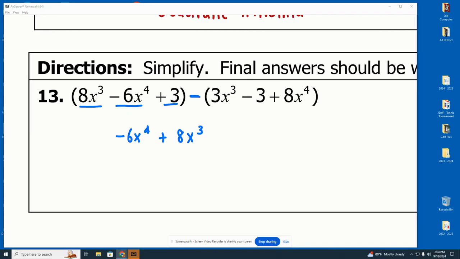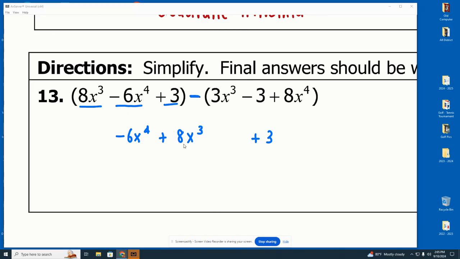Now I'm going to just slide it over a little bit further to the right because there's a little bit of gap between these, and I'm just going to make sure in case there's anything here, and I don't think there is. But remember the rule. If that's a minus sign, these signs all have to change. So 3x cubed won't come down as 3x cubed. It'll come down as negative 3x cubed.